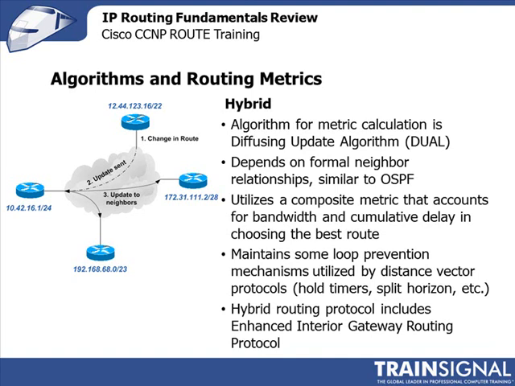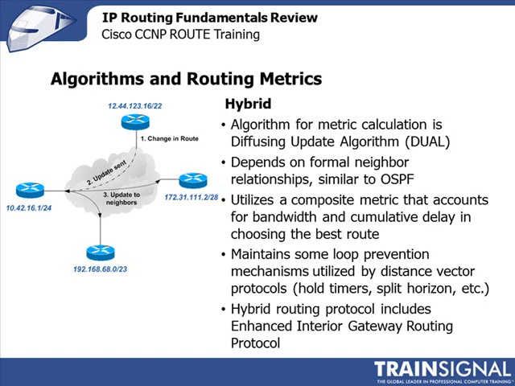Finally, you have hybrid routing algorithms. It has elements of distance vector routing, and it has elements of link state routing. So it's not strictly speaking either. It's kind of a combination of the two. The algorithm that's used for metric calculation is called the diffusing update algorithm, or DUAL. And the idea of DUAL is to have distributed route processing rather than centralized route processing. It does depend on formal neighbor relationships, which makes it similar to OSPF in that regard.